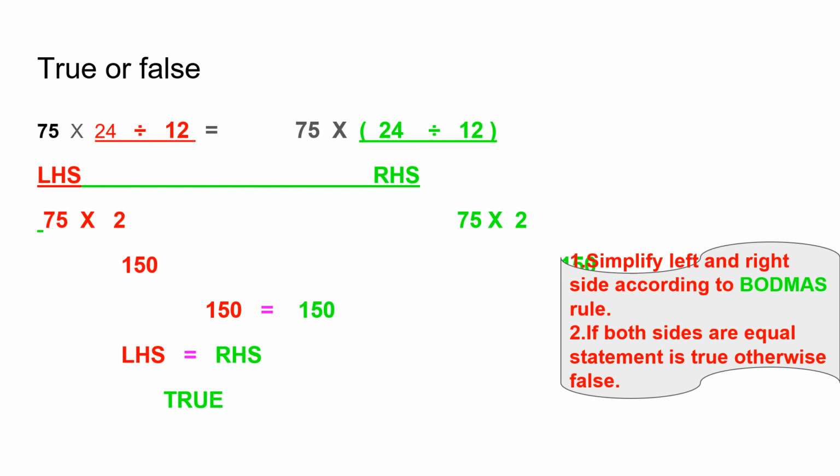Answer is 2. 75 2s are 150. Now solve the right hand side. First of all solve the bracket. 24 divided by 12. Answer is 2. 75 multiplied by 2 is equal to 150. Both the sides you will get the same answer. That's why the statement is true.